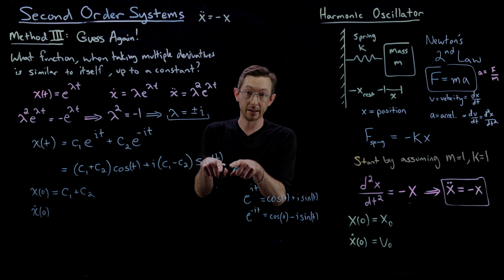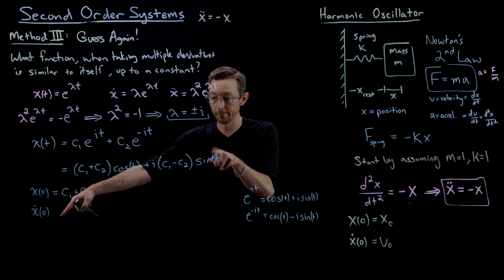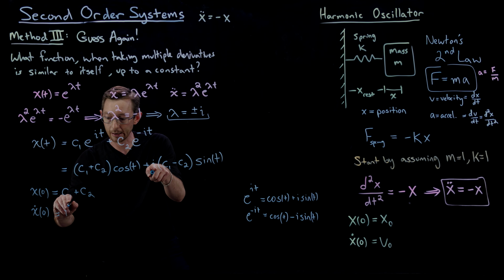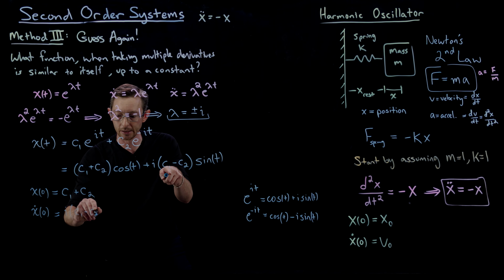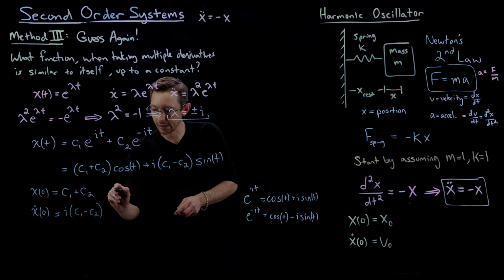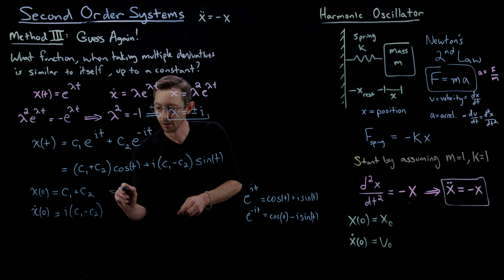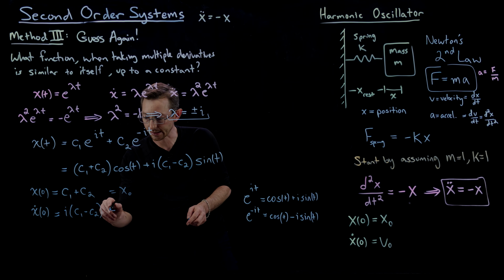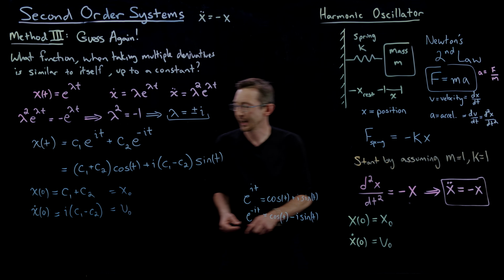And this will be cosine of t, cosine of 0 will be 1. So x dot at 0 is going to equal i times c1 minus c2. And so what that means is that c1 plus c2 has to equal my initial position, and i times c1 minus c2 has to equal my initial velocity.